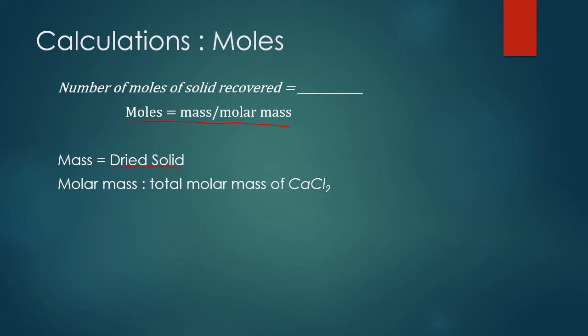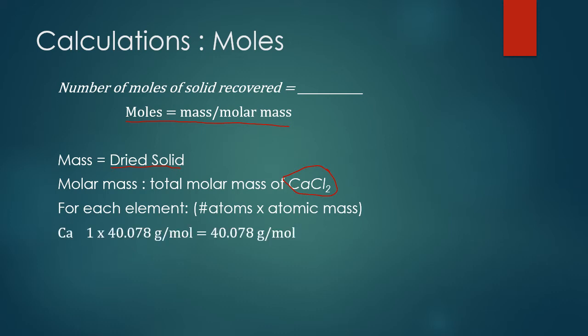For the molar mass, we need to calculate the molar mass. So they're talking about the total molar mass of calcium chloride, the solid that was recovered. So in order to calculate molar mass, for each element present in this chemical formula, we're going to write the number of atoms and multiply that by the atomic mass on the periodic table. So for calcium, how do we figure out the number of atoms? Well, you can see in the calculation here, I said there's one atom. How did I know that? I look at the chemical formula.